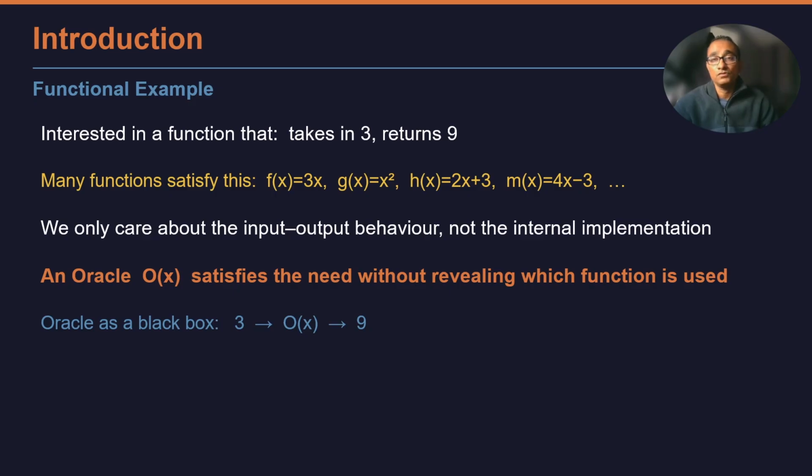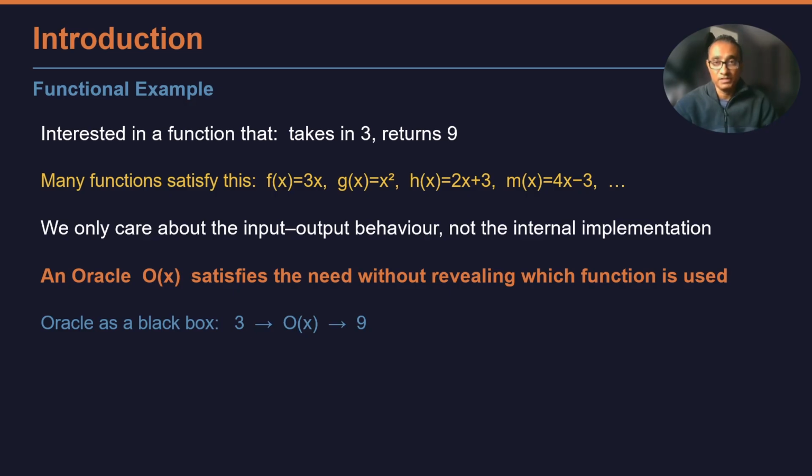And what we are concerned about is the input-output behavior, not the internal implementation. So it doesn't matter if it is coming from a square function or a multiply function or a combination of multiply and a summation function. We are concerned about how the input gets translated to an output.